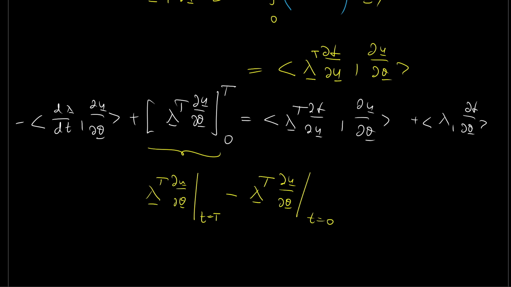And if we do exactly this, we will figure out that the second term is 0, and that is because this term will be 0. And the reason for this is relatively simple, because we assume that our initial condition does not depend on the parameter vector theta.